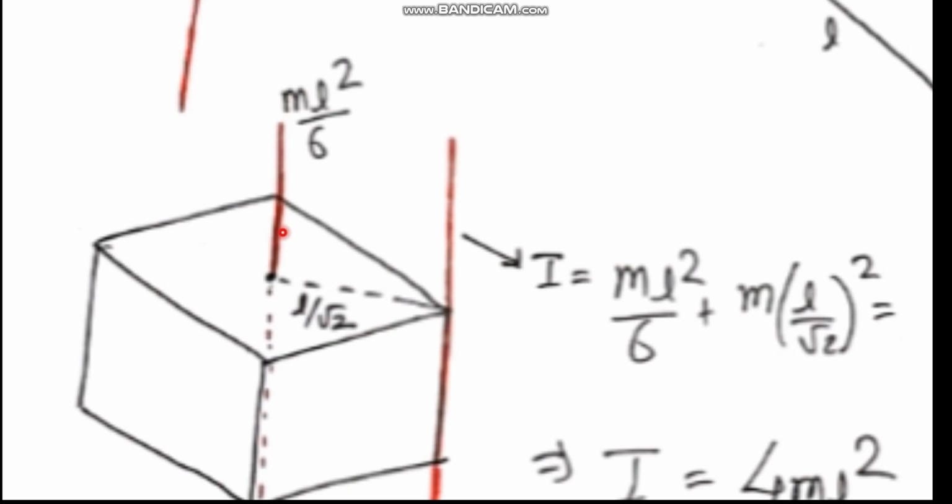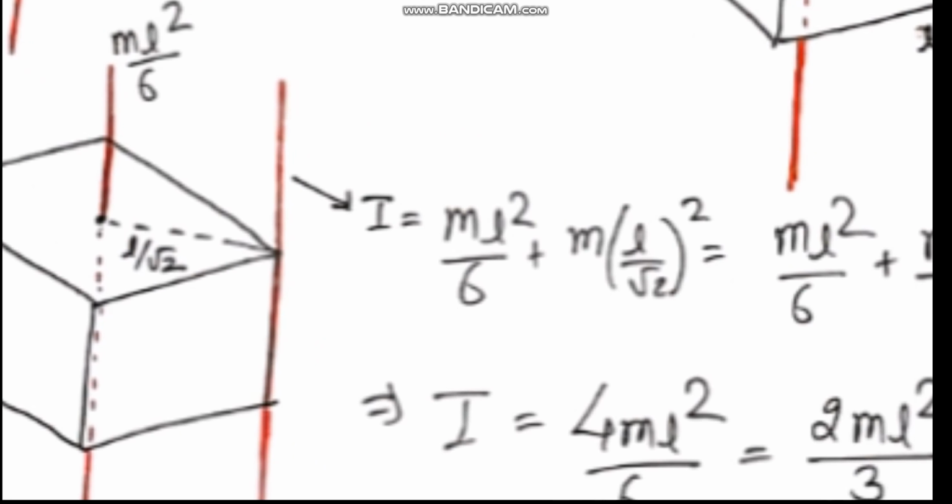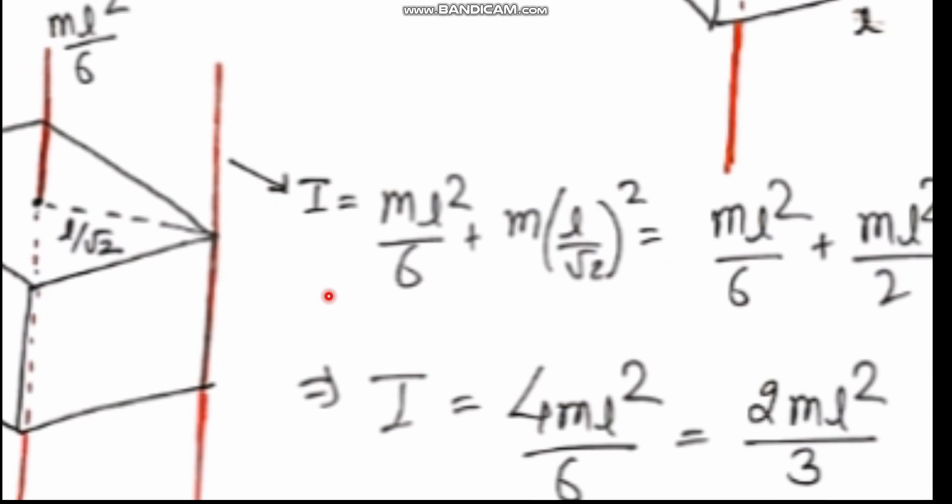Now if this is ml square by 6, I can find this using the parallel axis theorem, which says that I parallel is ICM plus MD square. So ICM here is ml square by 6, D here is L by root 2. So this is ICM plus MD square, that is ml square by 6 plus M into L by root 2 whole square.